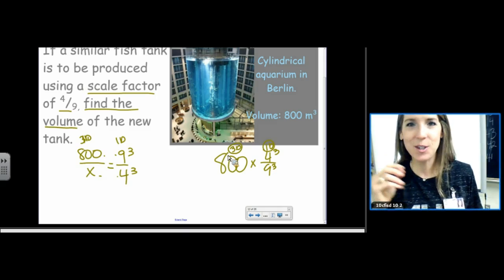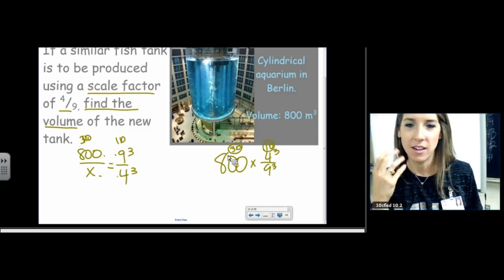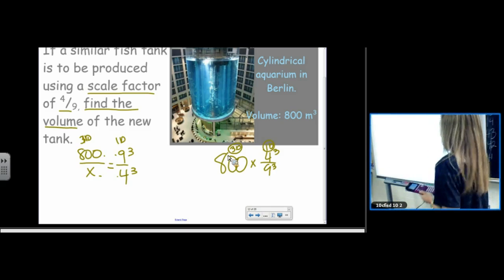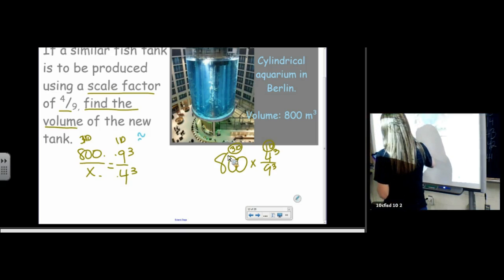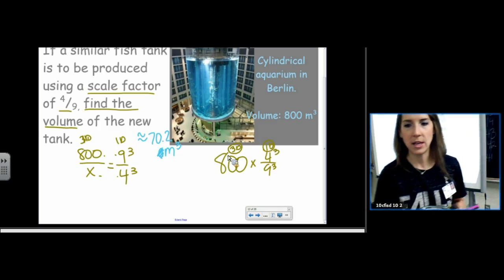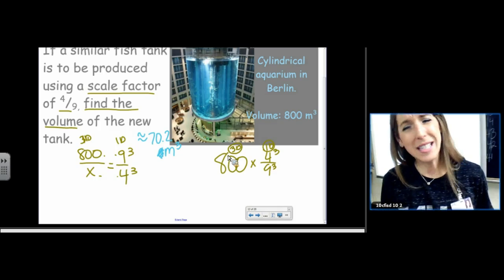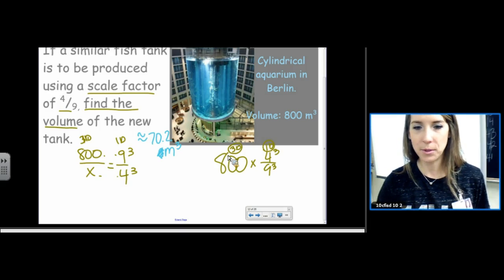So exact answers are fabulous and I love them, but they don't have much clout in the real world. They don't make much sense in the real world. So the volume of the new tank is about 70.2 cubic meters, not centimeters, sorry, cubic meters. So it's smaller than 800. It's quite a bit smaller than 800. They might be able to afford that one.